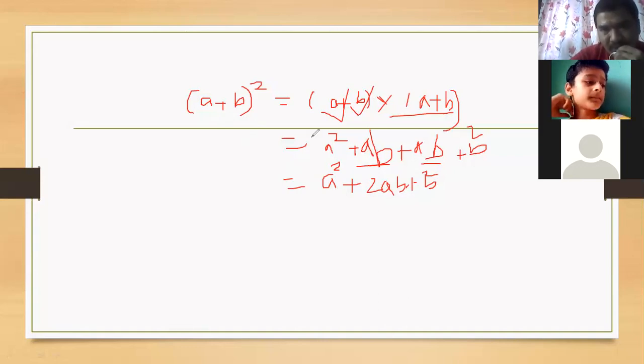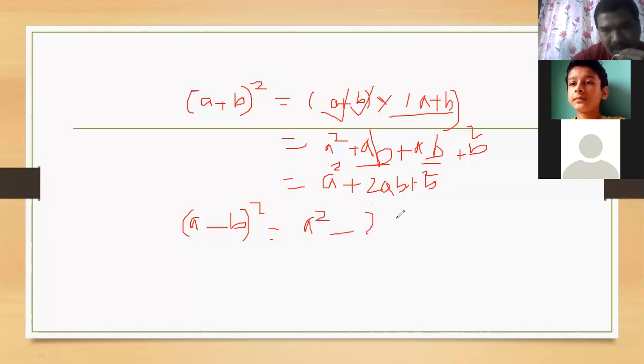Similarly, if there is a minus b whole square, and you open it according to the above multiplication, you will get a square minus 2ab plus b square. Understood, children? Have you understood?